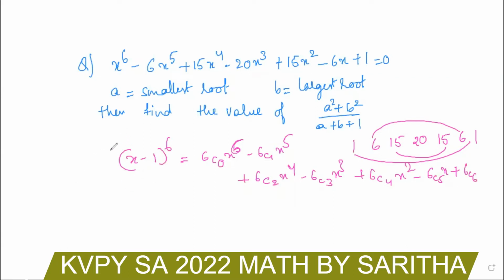So when we looked at this, this equation is identified to be (x - 1)^6. That means this has all equal roots.